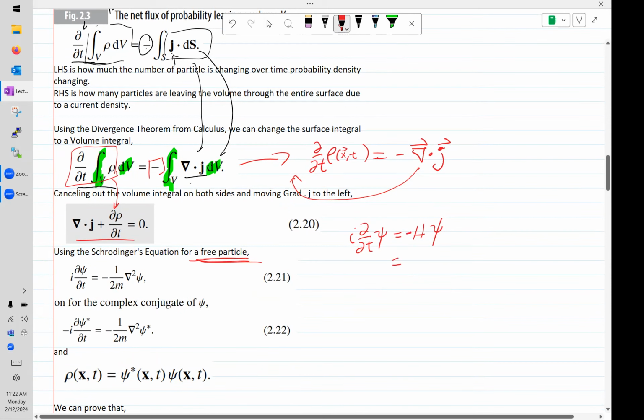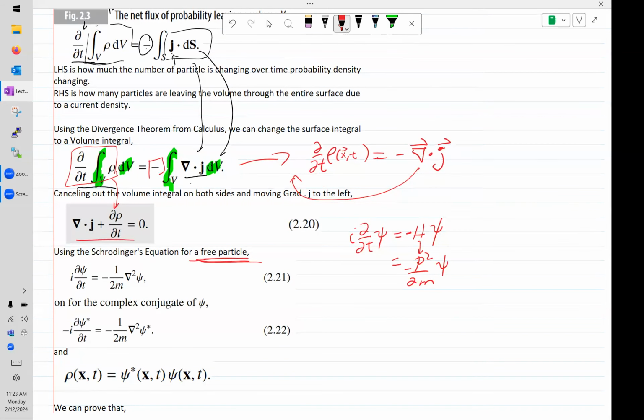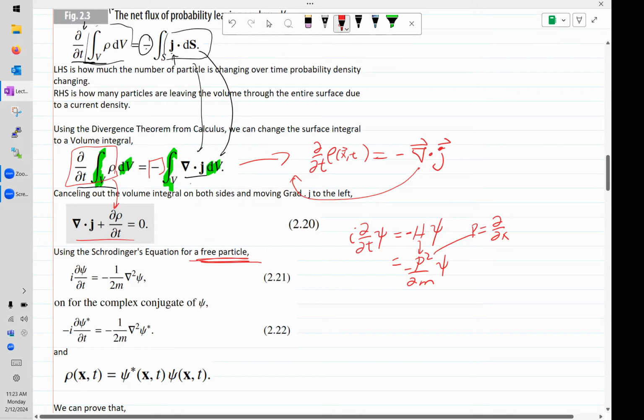What's happening is that for a free particle, the Hamiltonian is just going to be p squared over 2m. You keep the minus sign here. And p, from last time, I think we remember is some sort of spatial derivative. So the way we're going to write this is that this is going to be some second derivative with respect to space.